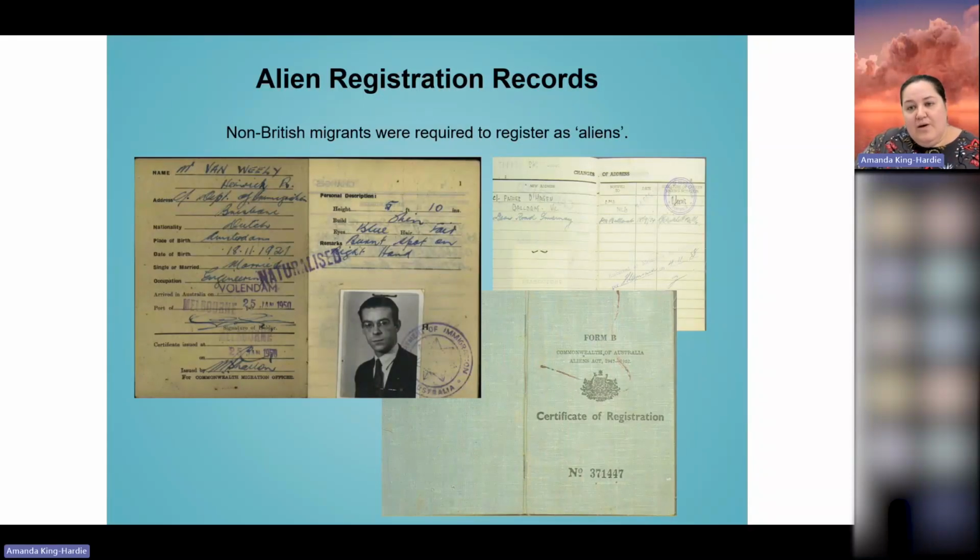Sadly, as we well know, even once they had settled in Australia, things did not always run smoothly for those who migrated. The threat posed by the world wars during the 20th century twice caused the Australian government to require all aliens, i.e. non-British subjects and foreign nationals living in Australia, to register with local authorities.